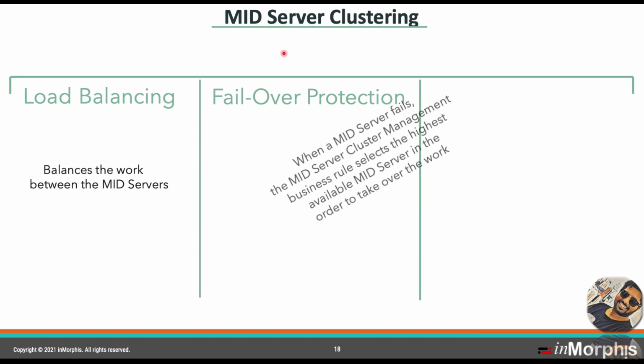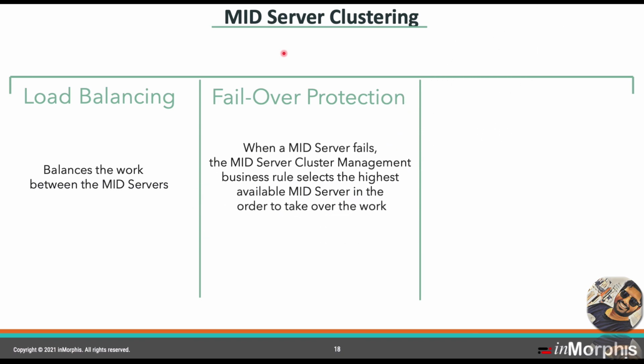Okay. Another is failover protection. What will happen is that there is a mid server, and that mid server somehow crashed. So the job that is running on that mid server, who's gonna take up that job? That will come under your failover protection.